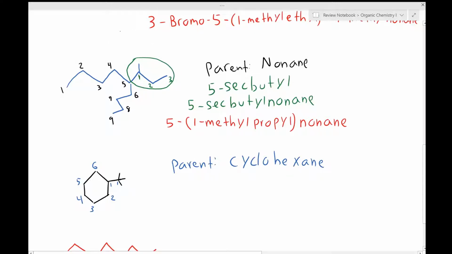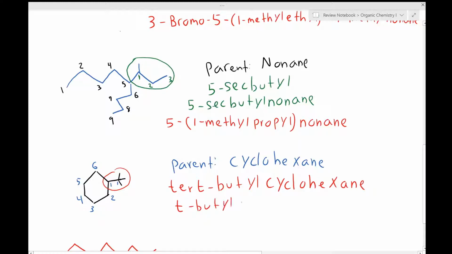And over here we have our tert-butyl group off our 1. So we can call this tert-butylcyclohexane. 1 isn't needed. We know there's only one substituent. We can call this tert-butylcyclohexane.